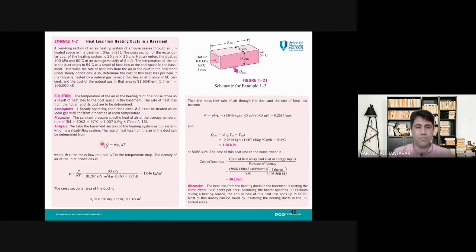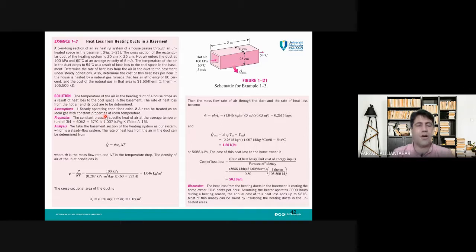Before you find the values for m dot, Cp, or even delta T, you need to have your assumptions. Assumption number one is that a steady operating condition exists. We know that because it is mentioned. Two, air can be treated as an ideal gas with constant properties at room temperature.